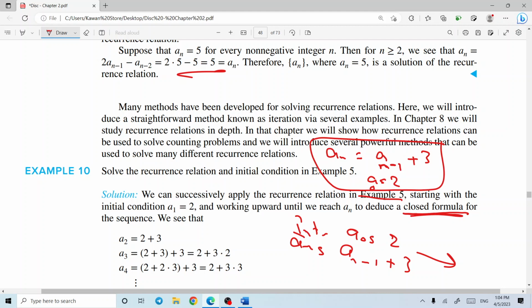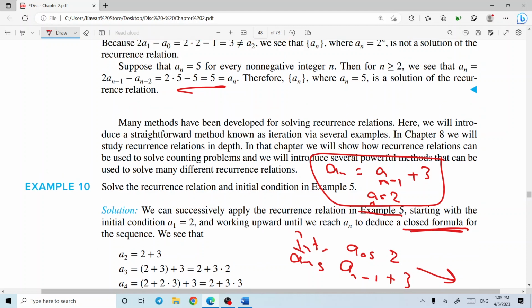We can follow two methods. We can start from the beginning to the end, 1, 2, 3, and to n, which is called induction. Or we can start from n minus 1, n minus 2, down to a_1, a_0, which is called deduction. Induction and deduction. Okay. Now I'm going to use induction first.